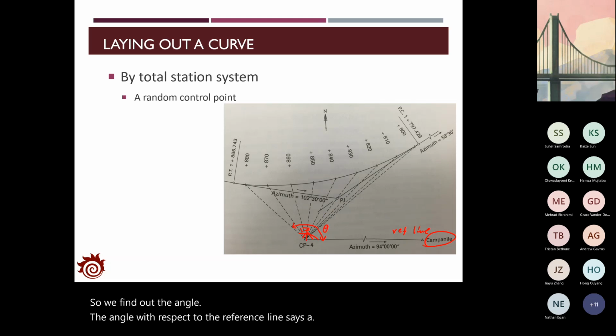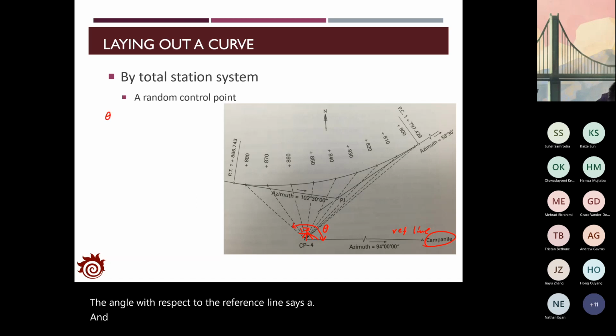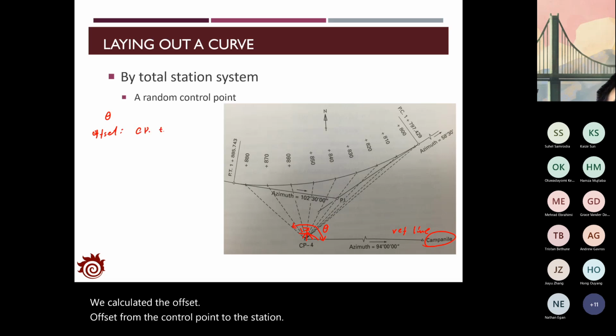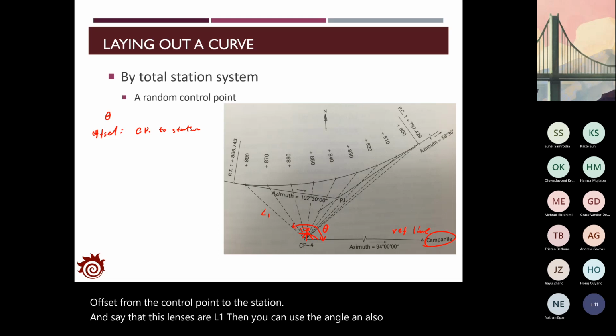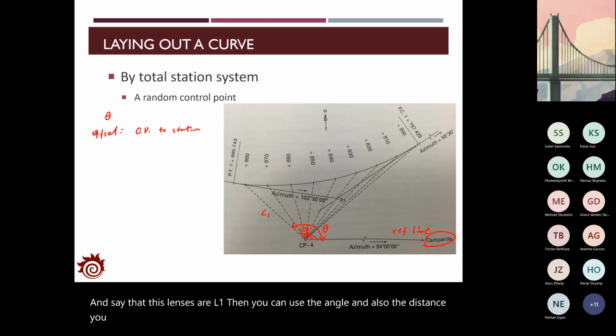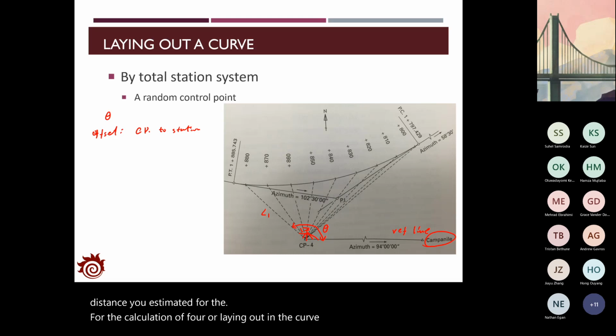say it is theta, and then we calculate the offset from the control point to the station. Say that this length is L1, then you can use the angle and also the distance you estimated for the calculation for laying out the stations along the curve.